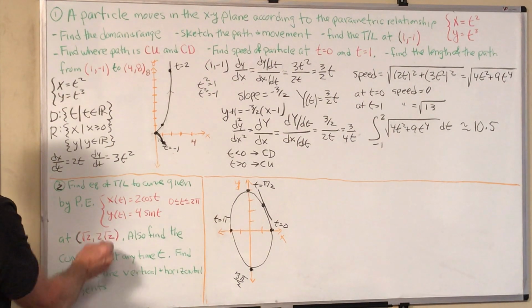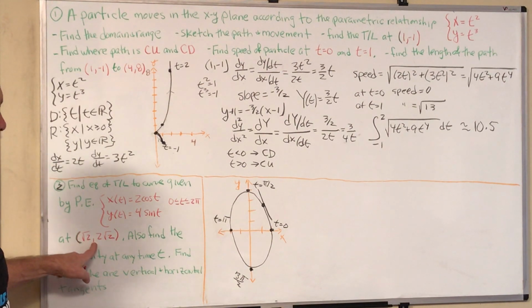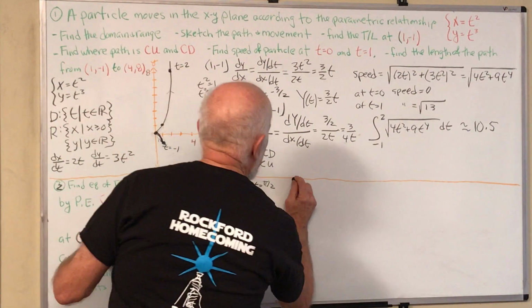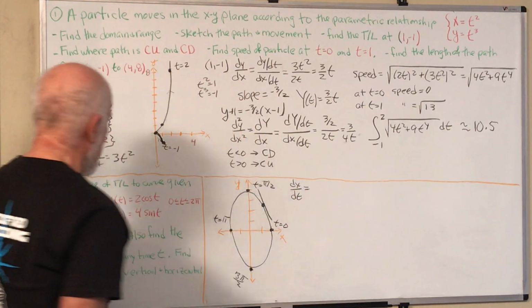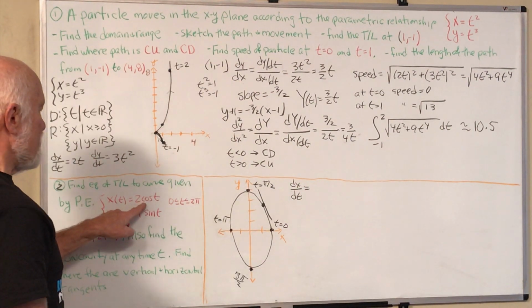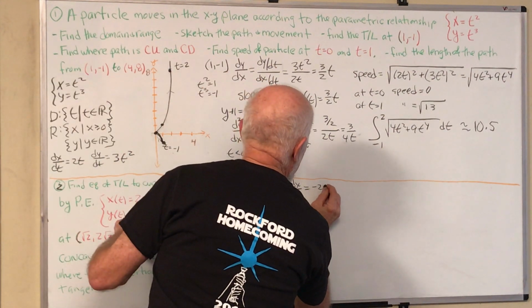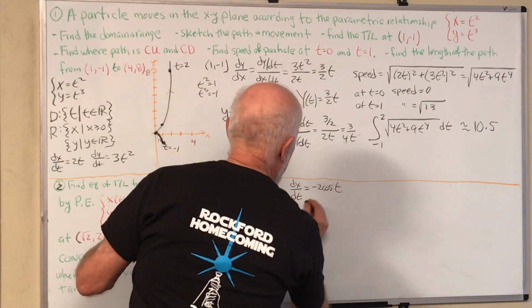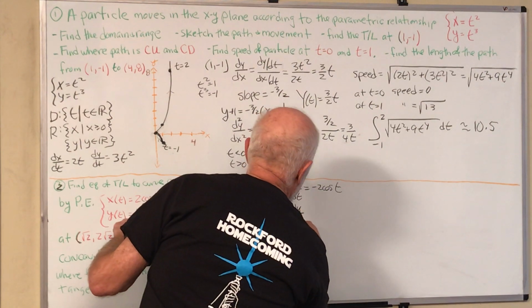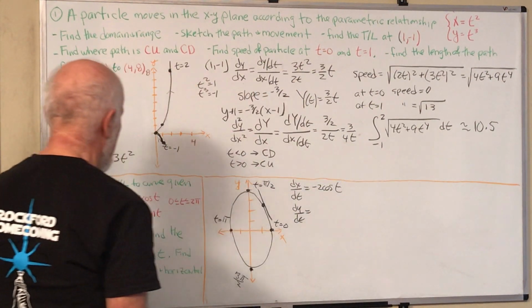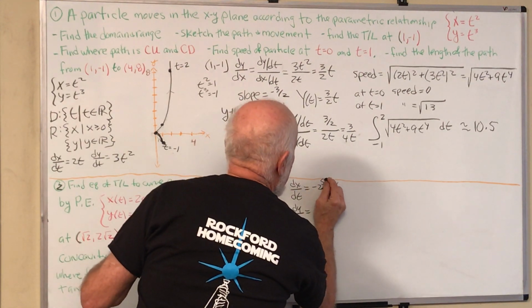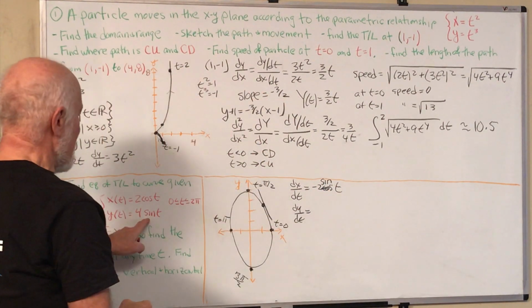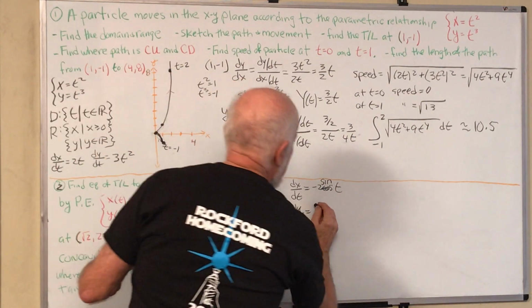Well, I've already got the point, so to get the slope, I have to go dx dt, which is -2 sine of t, and dy dt, which is 4 cosine of t.